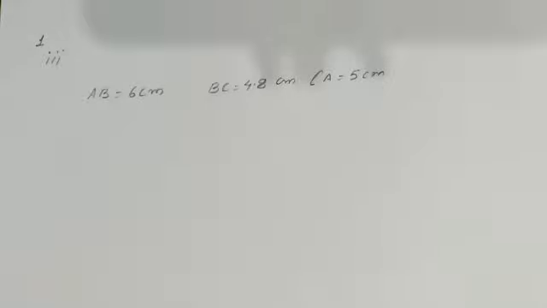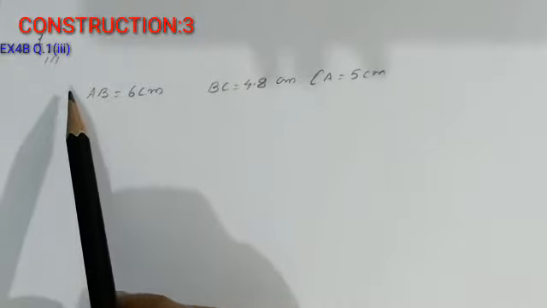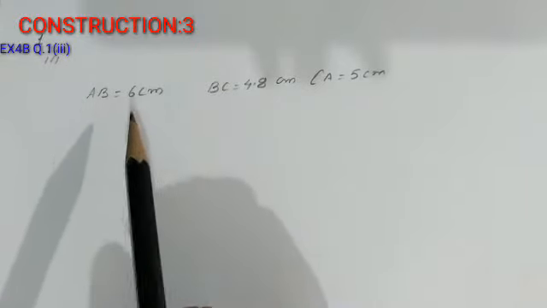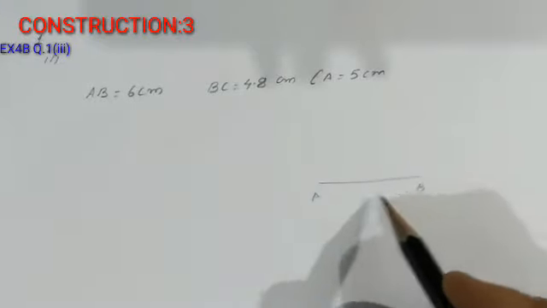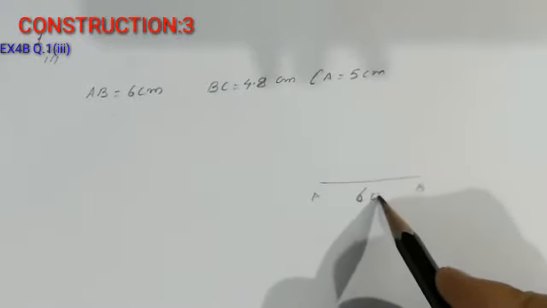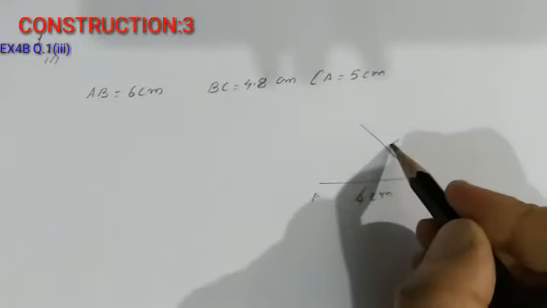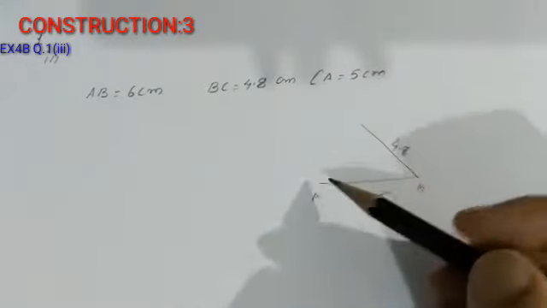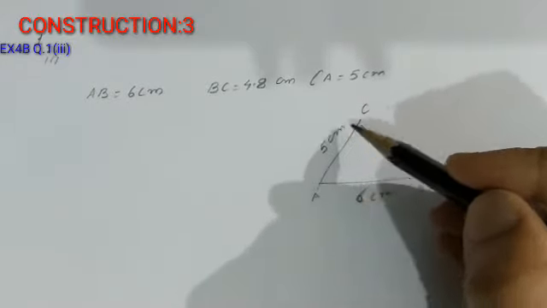Let's move to the next type of construction, that is construction 3, when you are given all the 3 sides of a triangle. I have taken question number 1, third part. Construct a triangle ABC in which AB equals 6 centimeter, BC equals 4.8 centimeter and CA equals 5 centimeter.